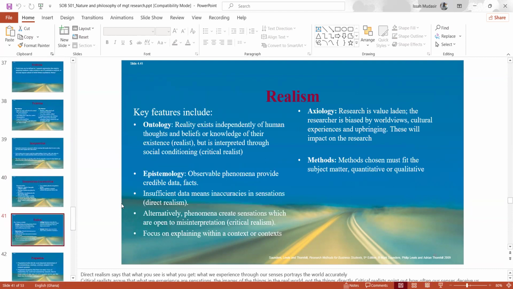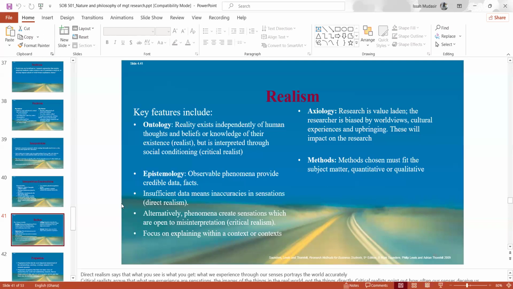Then we have what we call realism. Now, we have two main types of realists. We have the direct realist and then the critical realist. What realism seeks to say is that reality exists on one hand independently of our human beliefs or knowledge of their existence.